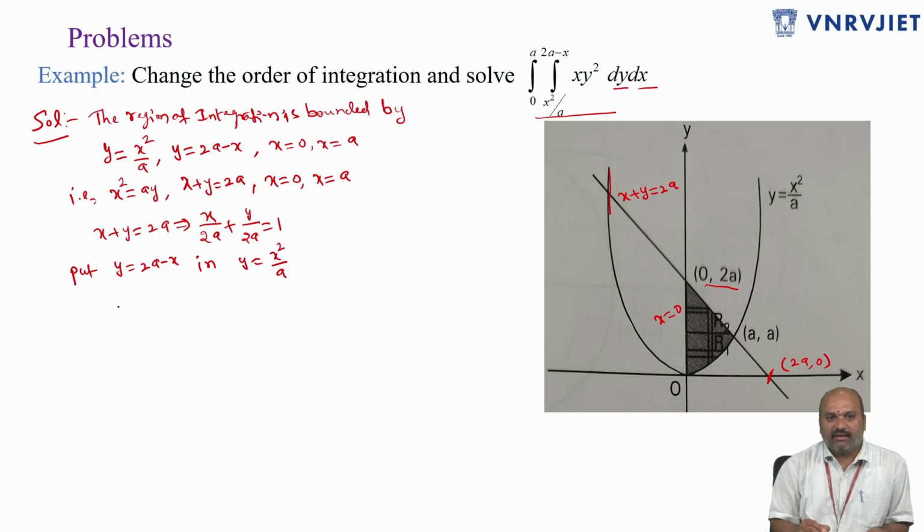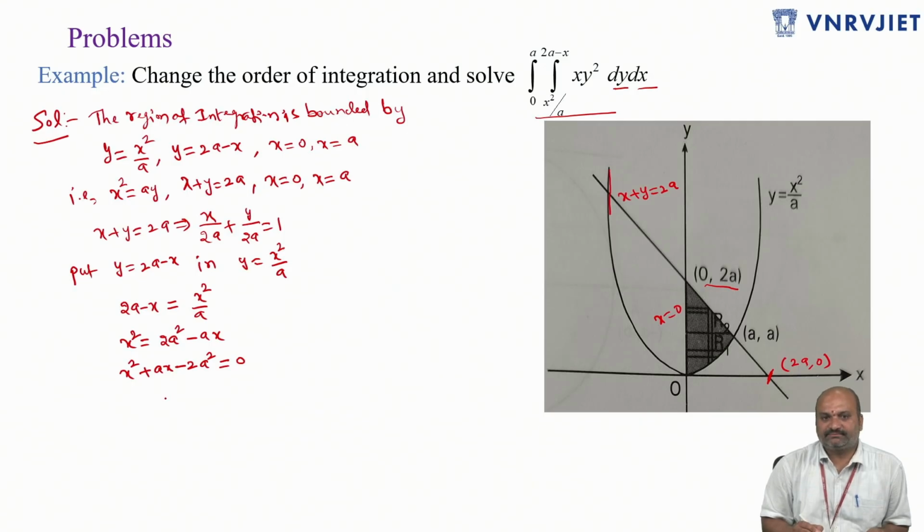We get 2a minus x equals x square divided by a. Cross multiplying, x square equals 2a square minus ax. Now, x square plus ax minus 2a square equals 0.